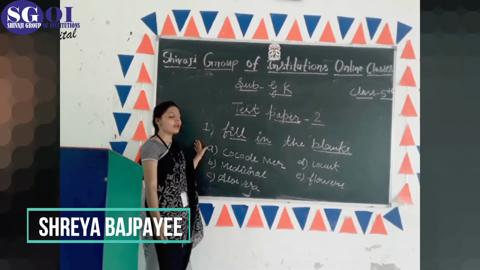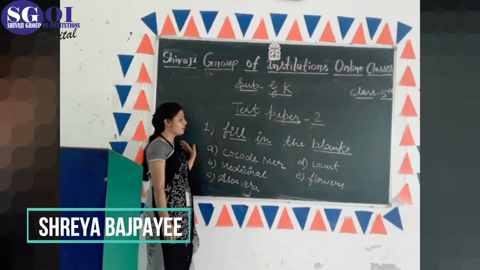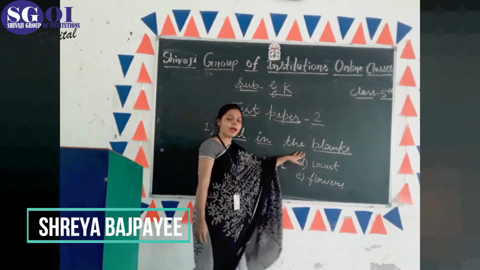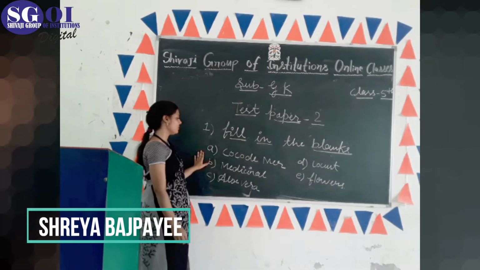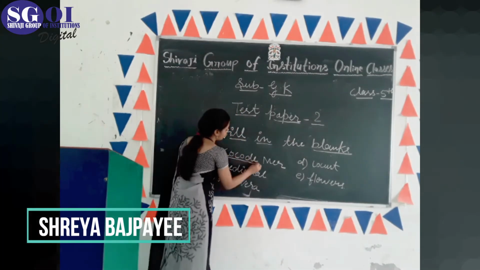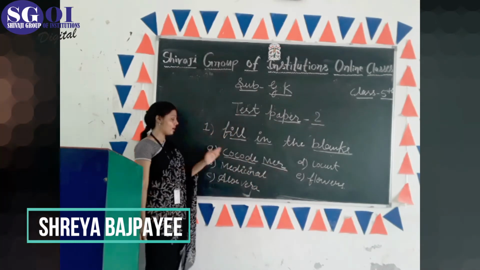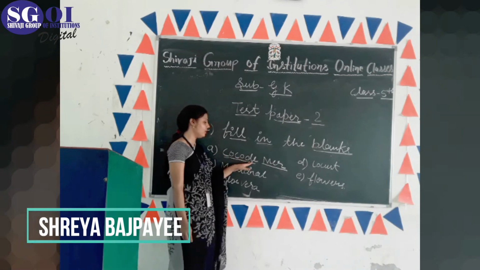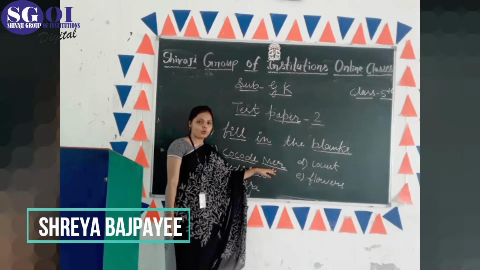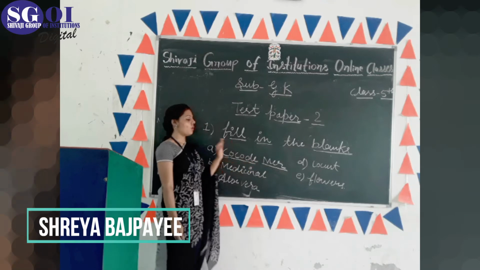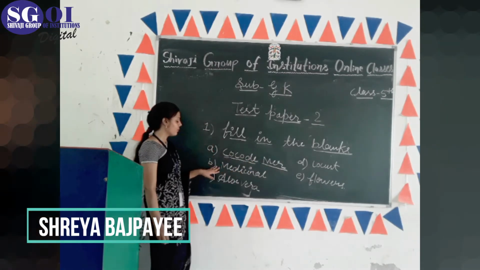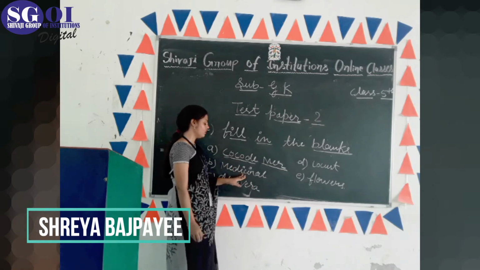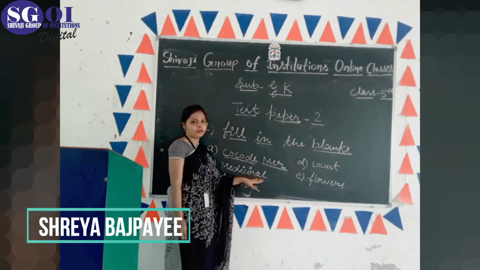Now, once again I am repeating this exercise. Fill in the blanks. First answer is this: coco de mer. Now the spelling is here: COCODEMER. Okay. Now second question: medicinal. MEDICINAL.